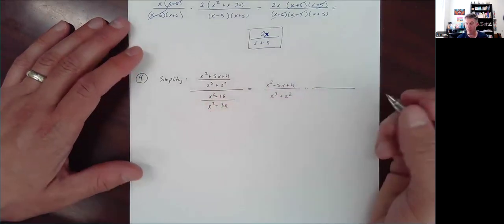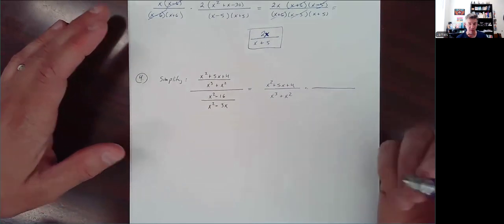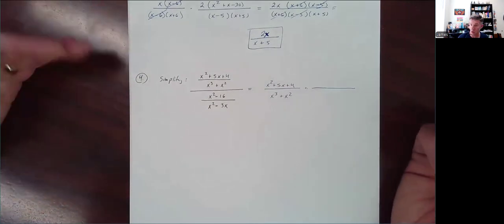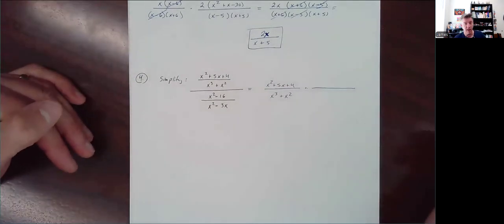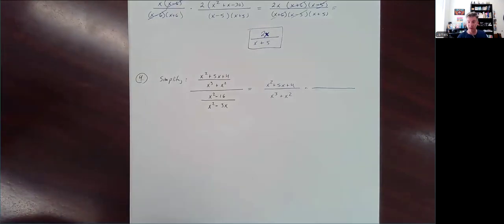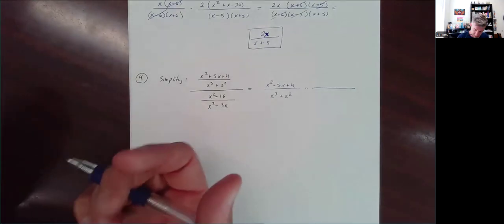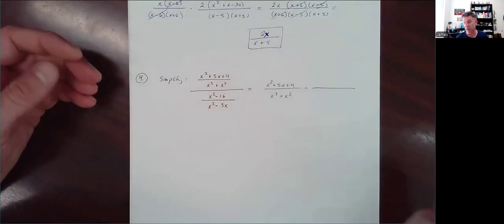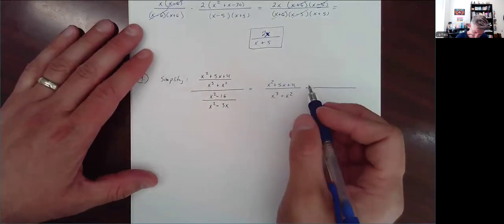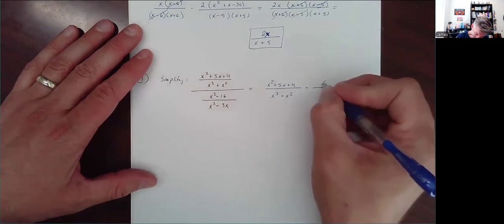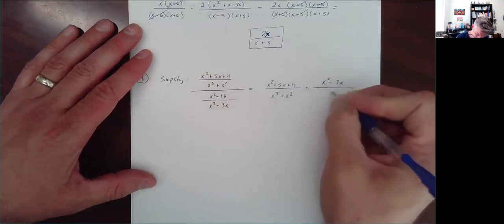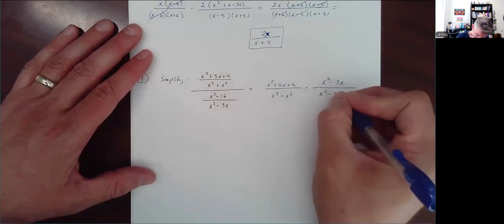It's kind of like how if you're dividing by 5, it's the same as multiplying by 1/5, or dividing by 2 is the same as multiplying by 1/2. That's generally true. Whenever you're dividing by something, it's equivalent to multiplying by the reciprocal of that something, which is why we can't divide by 0, because 0 doesn't have a reciprocal. So here we're going to multiply by x squared minus 3x over x squared minus 16.